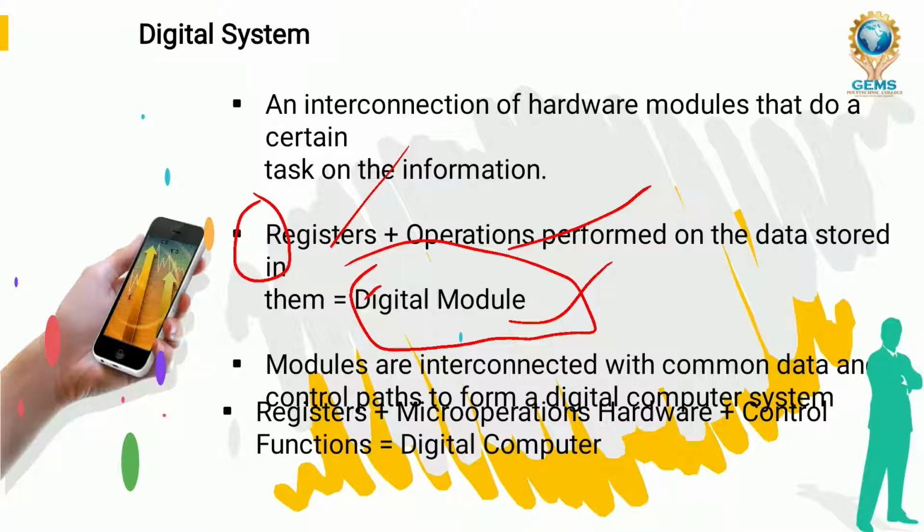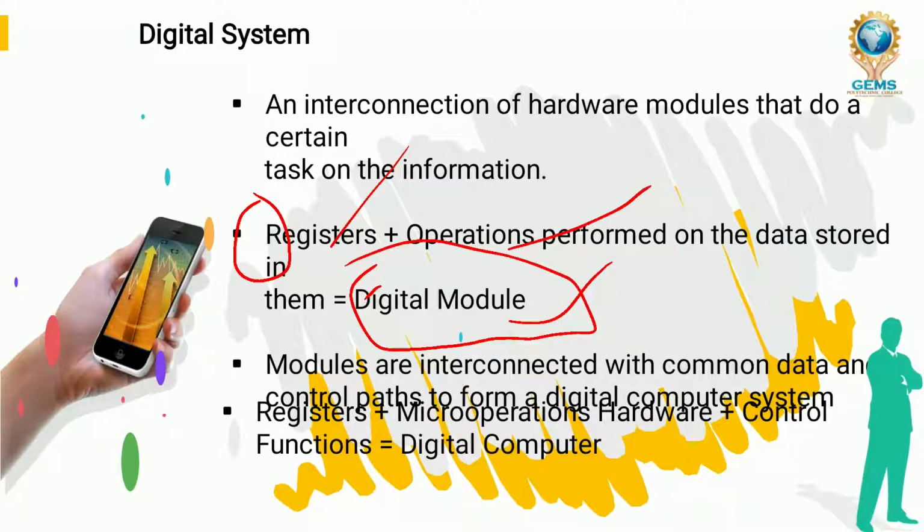What is a digital computer system? Modules connected with common data and control paths. Again, I want to emphasize this: a digital computer system is nothing but modules that are connected with common data and control paths.